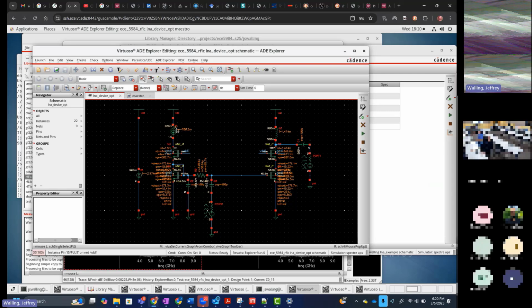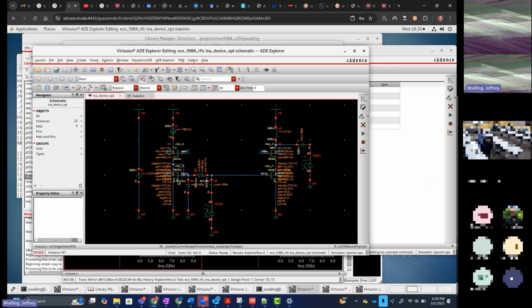We run a current of 1 milliamp into the diode connected device right here, and it creates a VGS that is proportional to create a current that ideally would be equal on the right side of the circuit. This is a simple way to do a DC bias of an LNA.